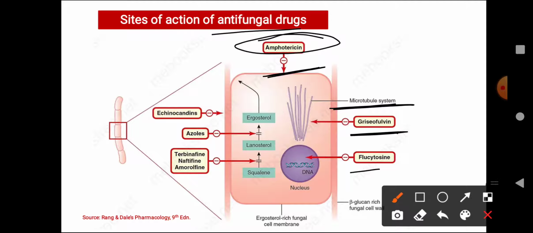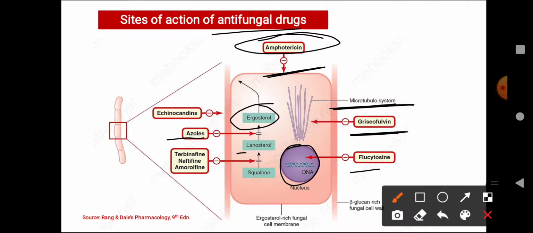Flucytosine, the example of antimetabolite, acts on the DNA of the fungal cell, and azoles inhibit the conversion of lanosterol to ergosterol.